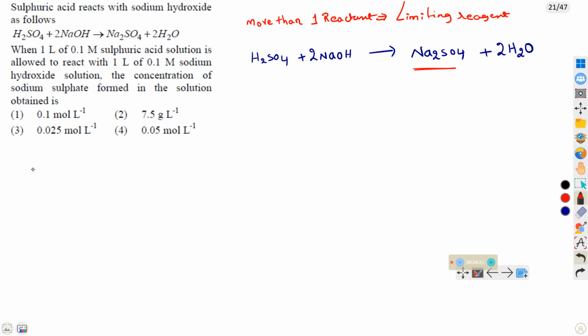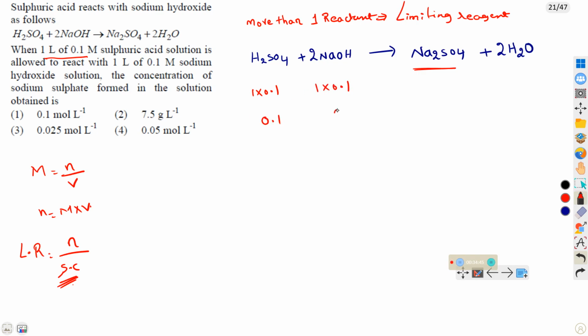First of all, molarity is equal to number of moles by volume. Number of moles is equal to molarity into volume. How to calculate the limiting reagent? Number of moles divided by the stoichiometric coefficient. SC means stoichiometric coefficient. First calculate number of moles. 1 into 0.1. This is also 1 into 0.1. 0.1 mole.